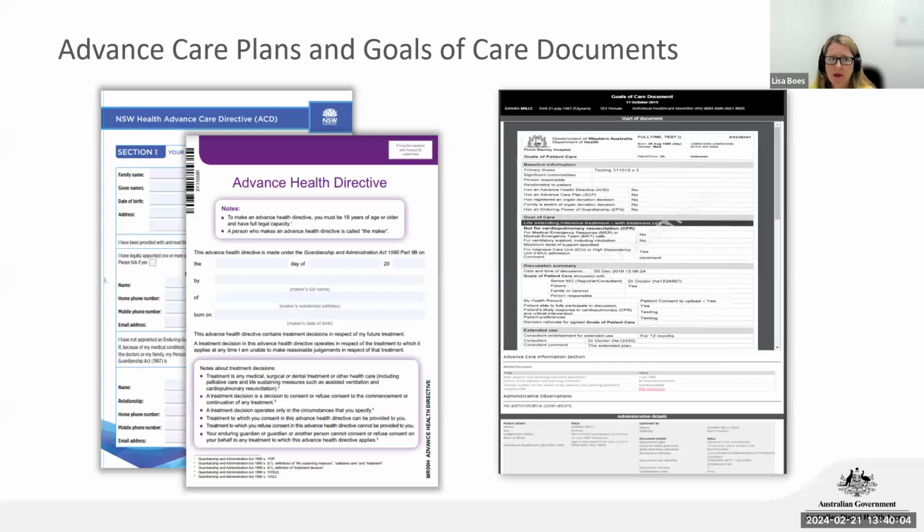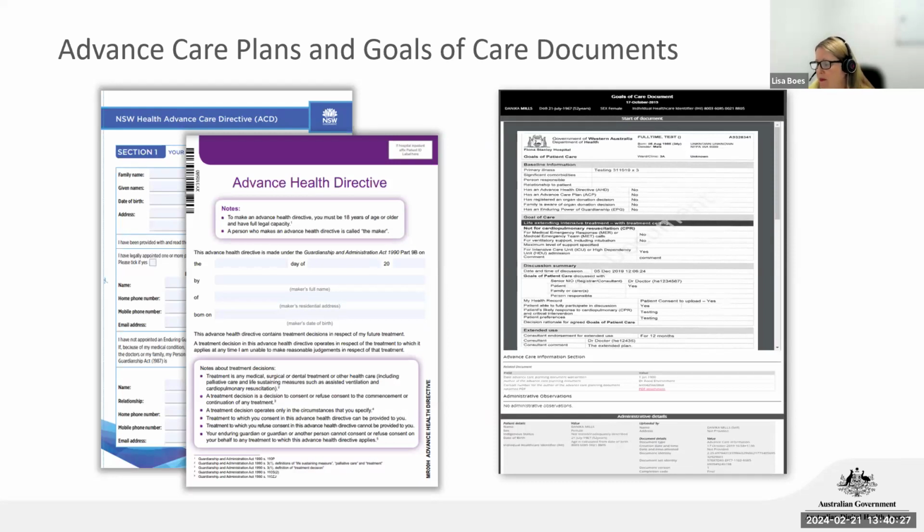On the next slide, we have advance care plans and goals of care documents. An advance care plan can be uploaded to an individual's My Health Record containing their wishes for future health and care. The individual can also upload an advance care document custodian, who holds a copy of their advance care planning document. This document contains the details of the contact person or organisation.